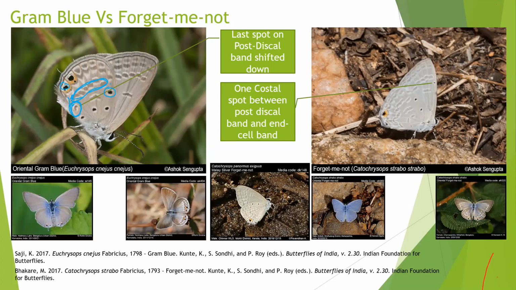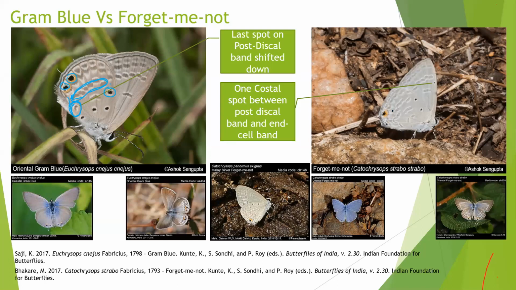They are very prominent, almost a complete circle, and of almost the same size, bright orange to lemonish yellow crowns. Both the spots are very prominent. That makes it a gram blue. And gram blue open wings are also with you. I'm not going to discuss the open wings much. Where there is a confusion, I'll talk about the open wing.